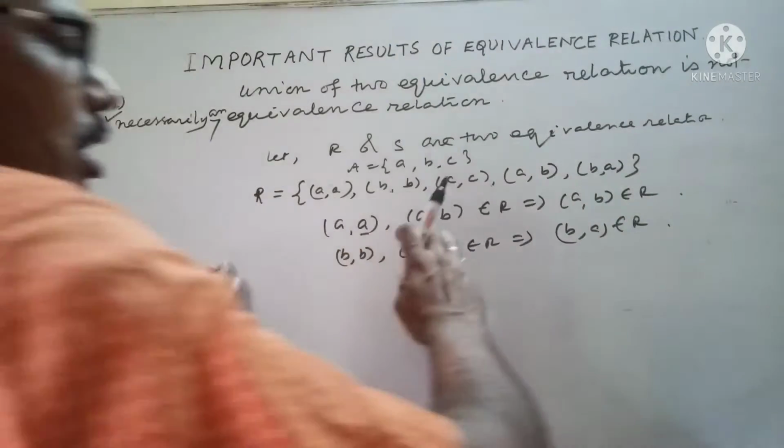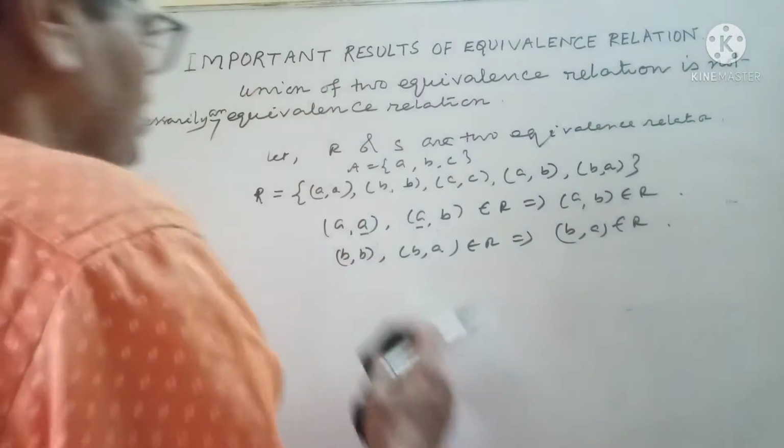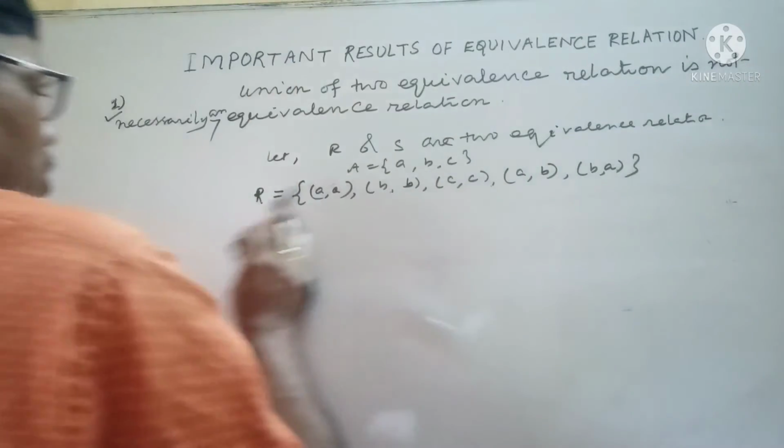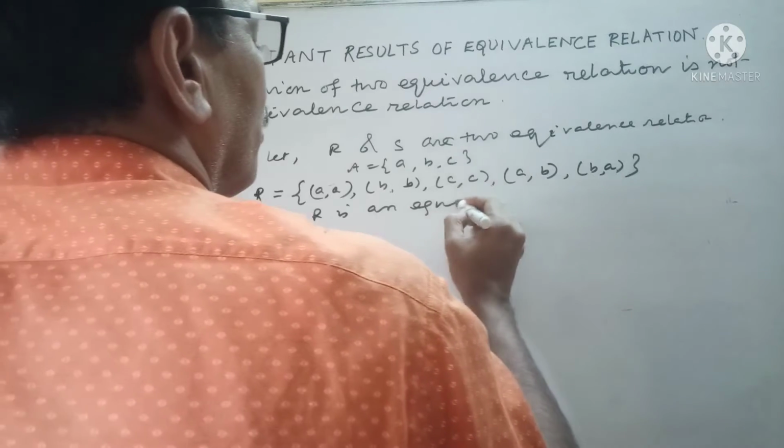So all properties are verified, so R is an equivalence relation.